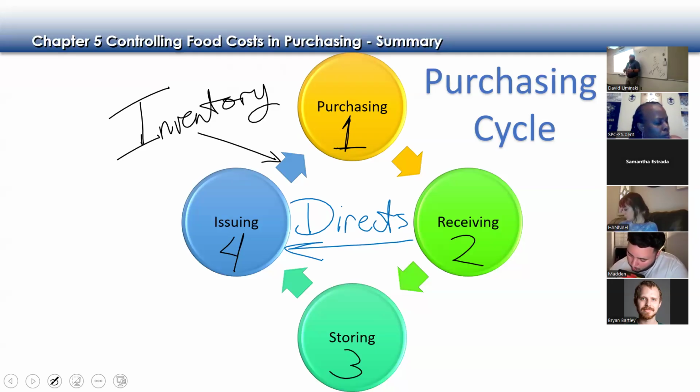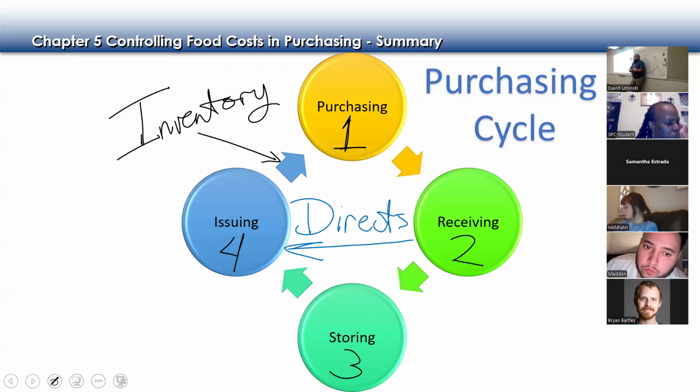We're not gonna hold on to it in our storage, okay? Or let's say we are a coffee shop and we partner with a local bakery to produce croissants for us and different other pastries. Those things go directly into production and sale. They skip that inventory, that storage process. So those are called directs.